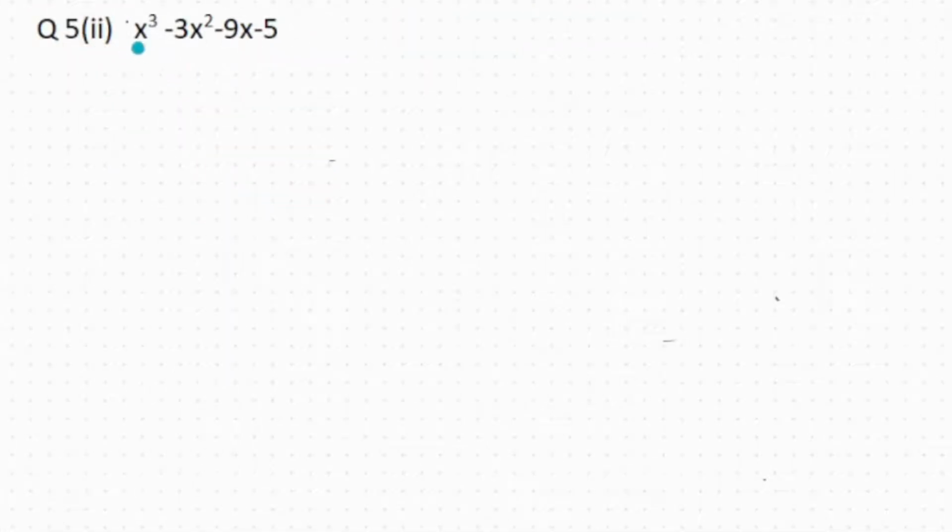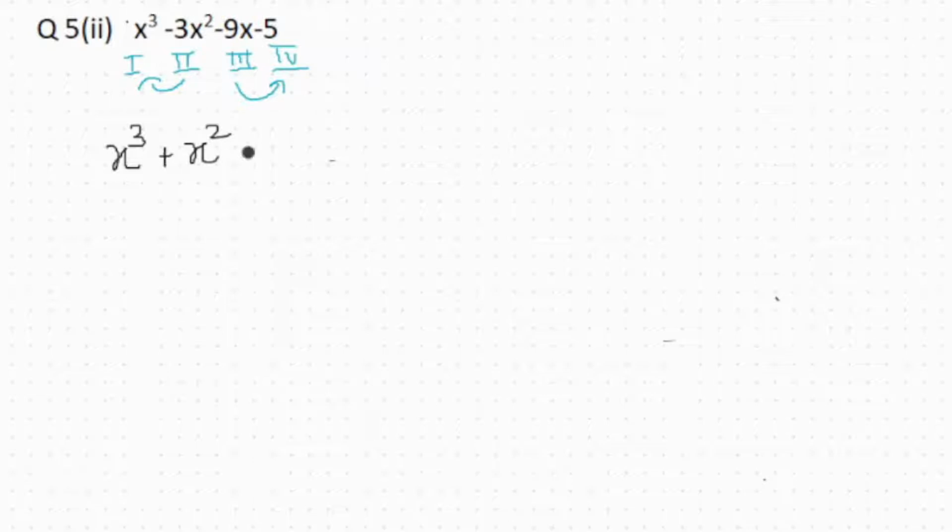In this part we are having a polynomial which is x cube, the first term, minus 6x square, the second term, minus 9x, the third term, and minus 5, the fourth term. Now we'll split the second term according to the first term and the third term according to the fourth term. So let's start. First of all, we'll write the same first term as it is. Now we'll keep the second term with the same coefficient as the first term, and we'll make it minus 3x square.